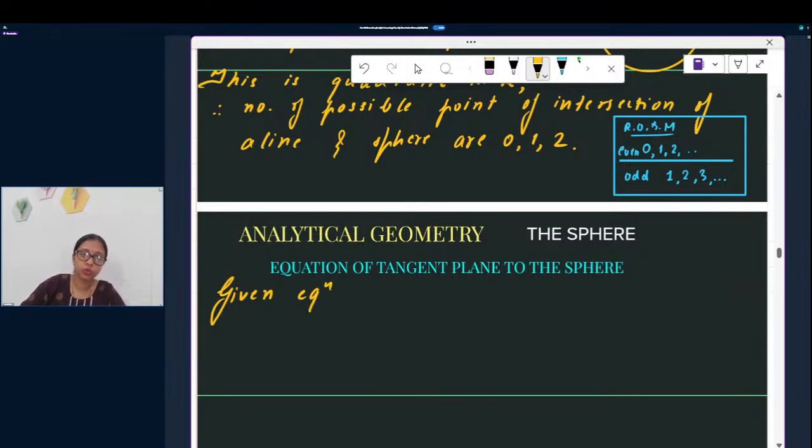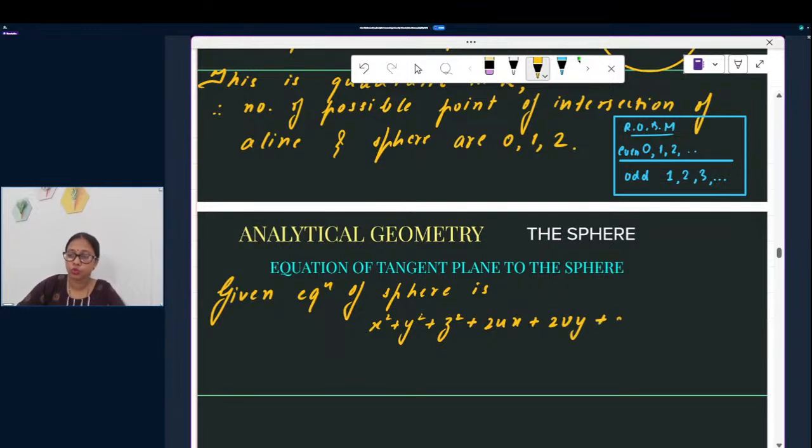I'll say that the given equation of the sphere is x square plus y square plus z square plus 2ux plus 2vy plus 2wz plus d is equal to 0.